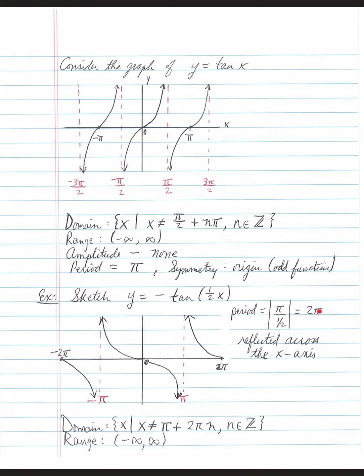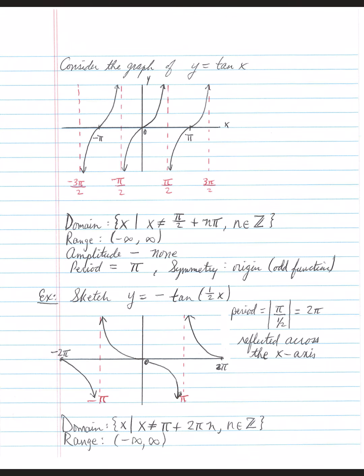Pi divided by half is 2 pi, so that means between the asymptotes, you've got to run a total distance of 2 pi, and that's how far it is between the asymptotes. For this one, the domain is any angle except for pi or any 2 pi multiple away from it.